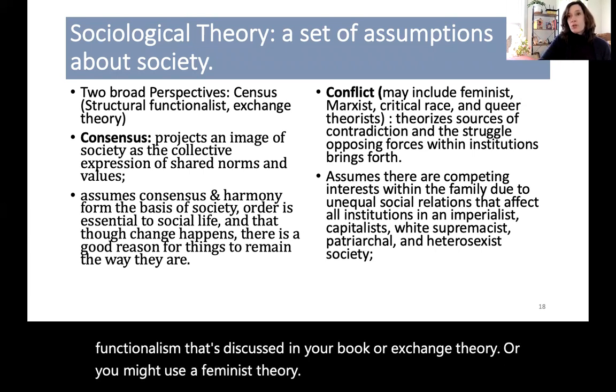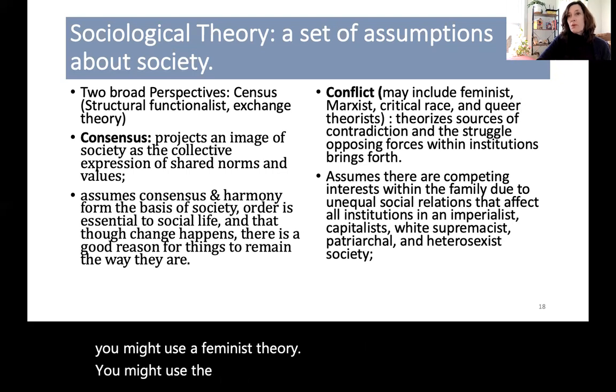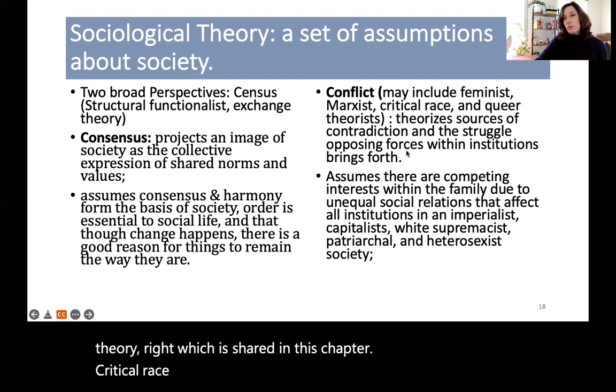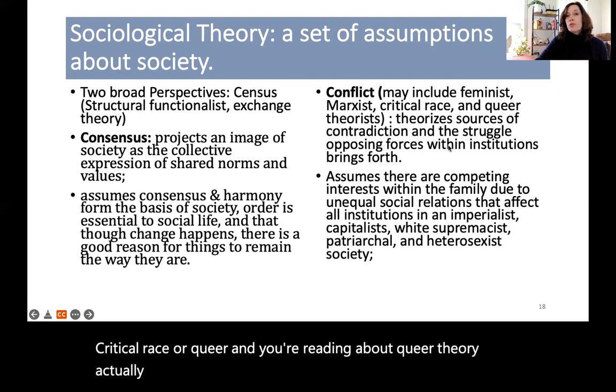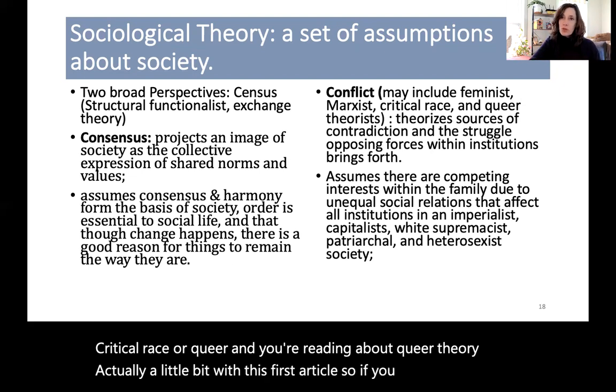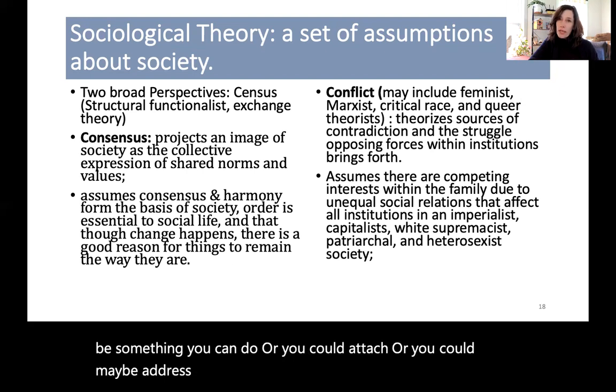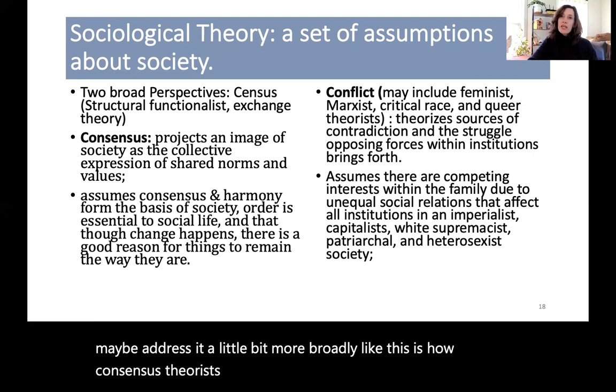The traditional conflict theory would be a Marxist theory, which is shared in this chapter. Critical race or queer theory, and you're reading about queer theory a little bit with this first article. Or you could address it more broadly: this is how consensus theorists might look at it, and this is how conflict theorists might look at it.